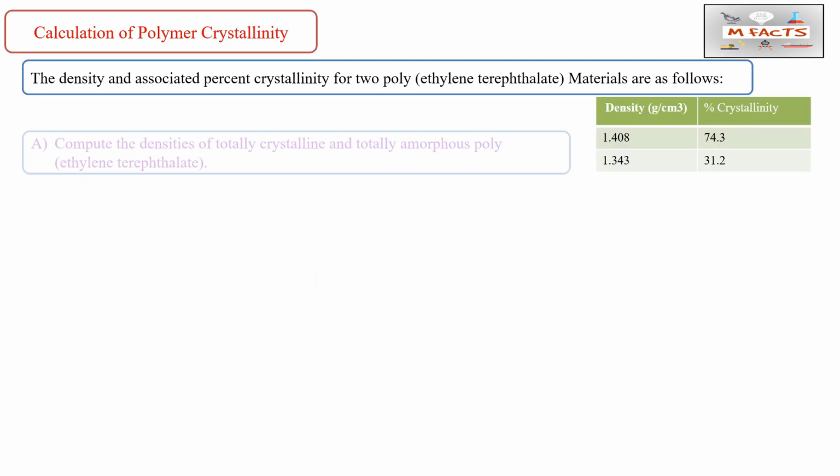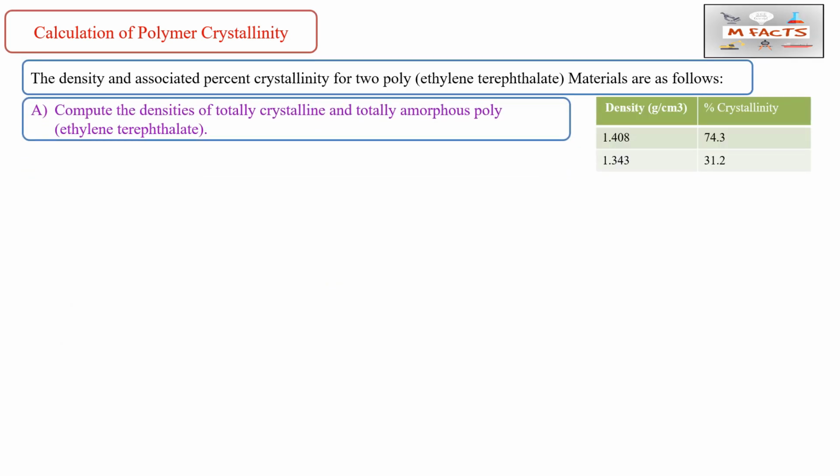We already read the question, and the first part is to compute the densities of the totally crystalline and the totally amorphous polyethylene terephthalate.